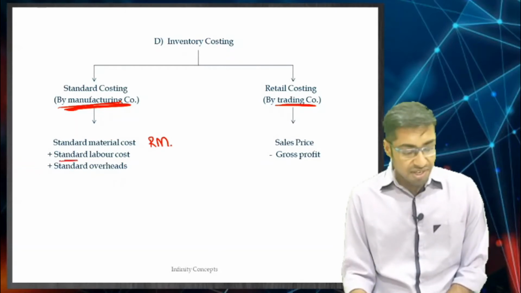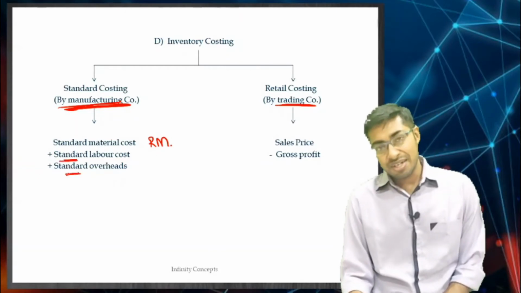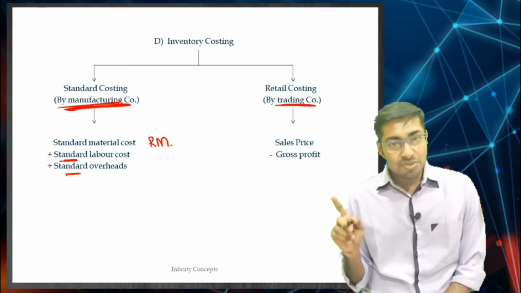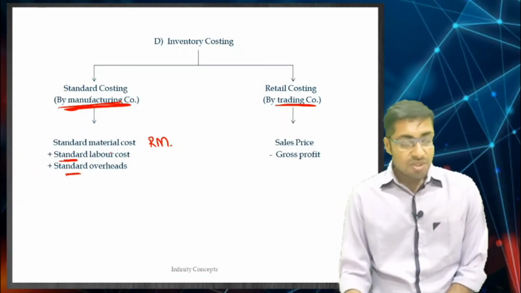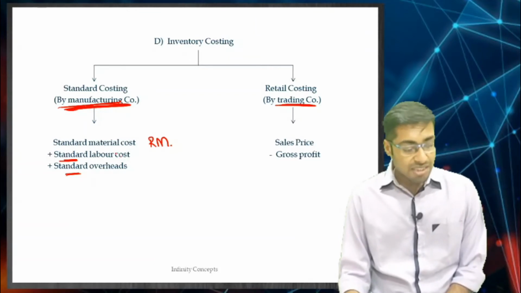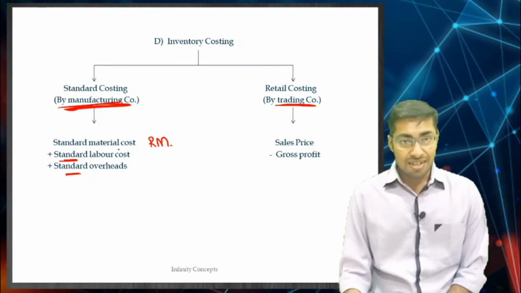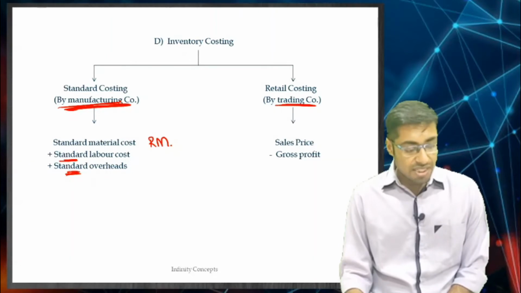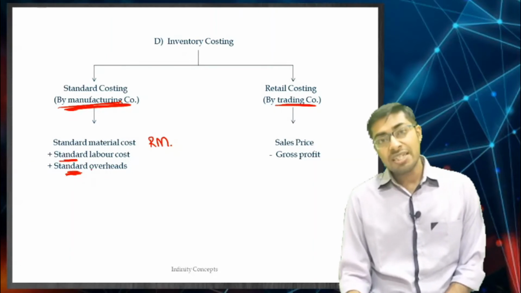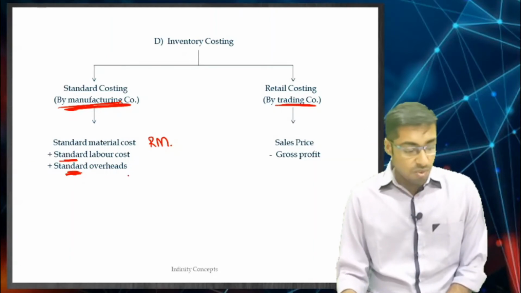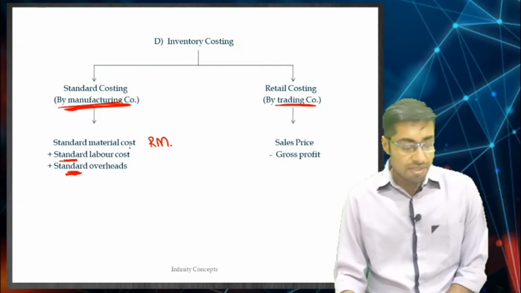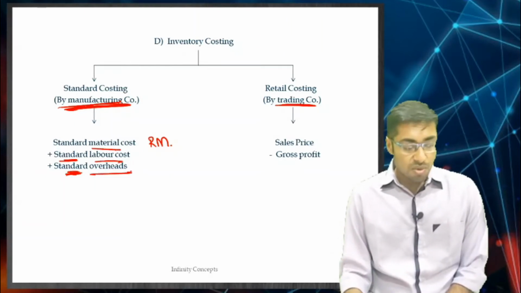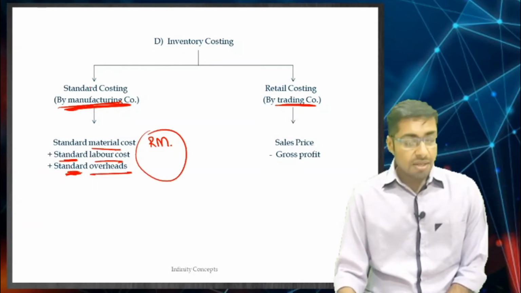Remember the word we are using here is standard. When we go ahead we will come to know what standard is. So, material cost plus standard labor cost plus standard overheads. Standard overheads means the overheads which you have already allocated. So all of them, your material cost, labor cost and overheads, together become your standard costing.